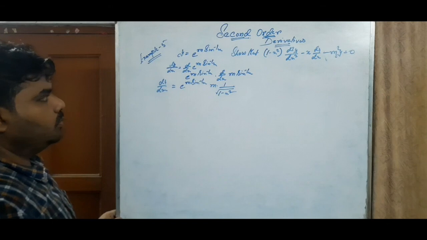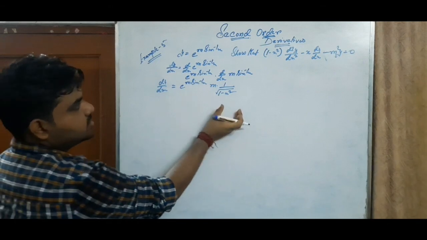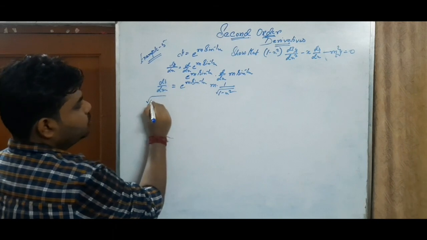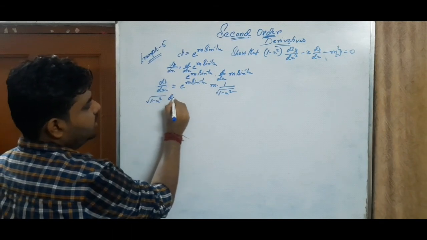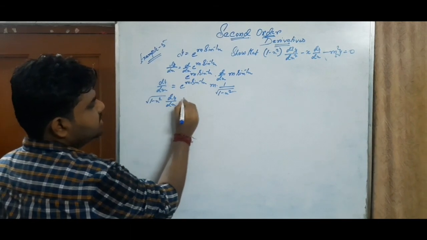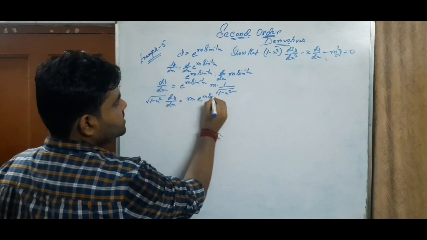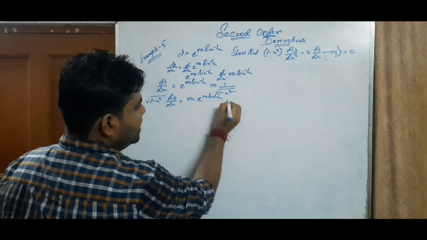Now what we will do? Just cross multiply it. That is root over 1 minus x square into dy/dx equals m into e to the power m sine inverse of x.